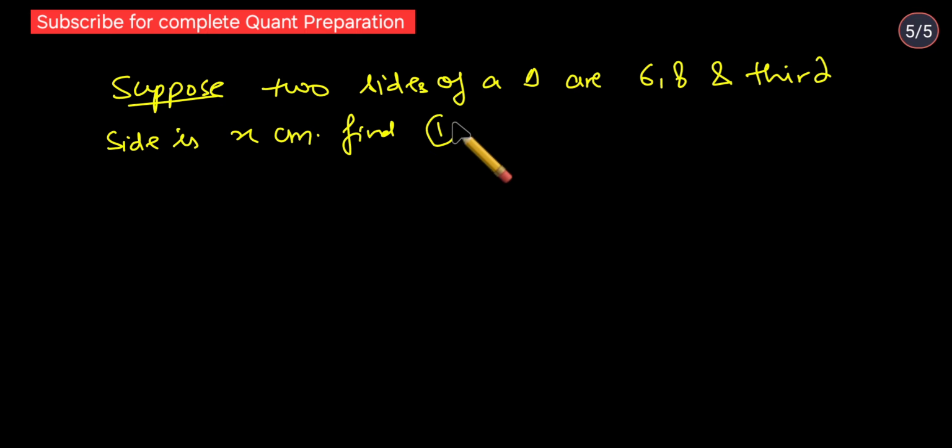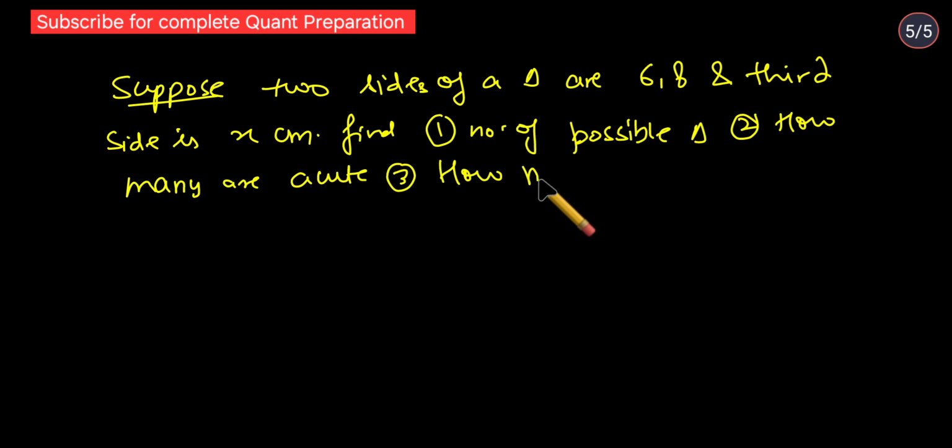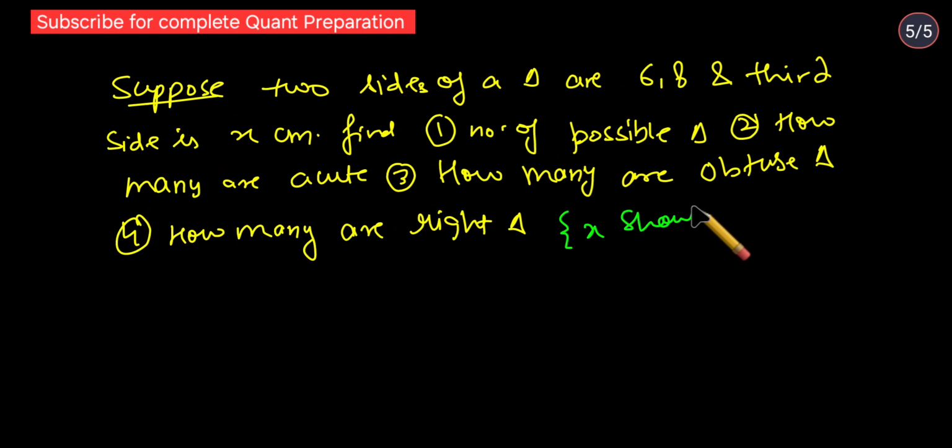So find the number of possible triangles, second, how many are acute, third, how many are obtuse, and fourth, how many are right triangles. And here the condition is very important, that x should be integer, x should be integer, right?